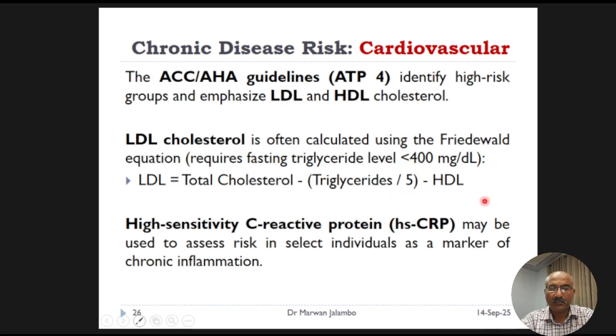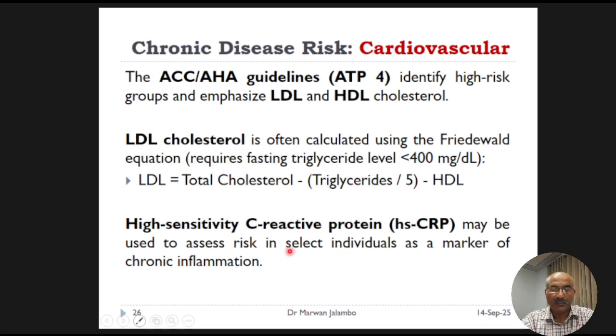This is the equation to calculate low density lipoprotein, and the triglyceride should be less than 400 milligrams per deciliter to use this equation. High-sensitivity C-reactive protein can be used as a marker of chronic low-grade inflammation that is associated with atherosclerosis.